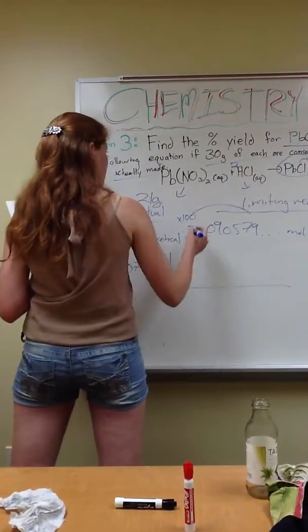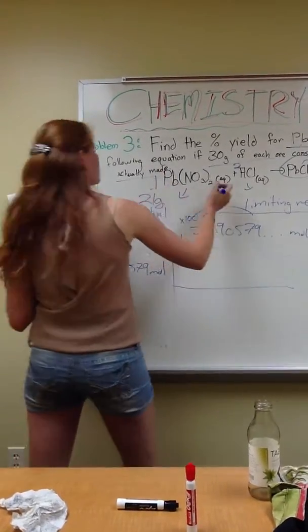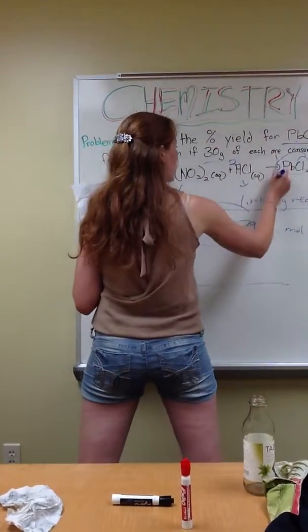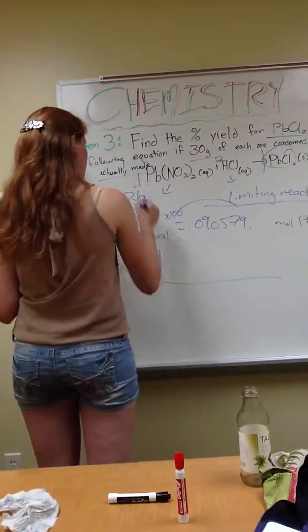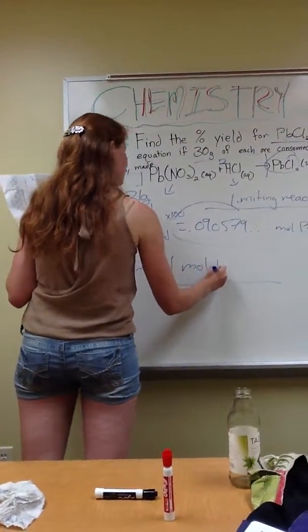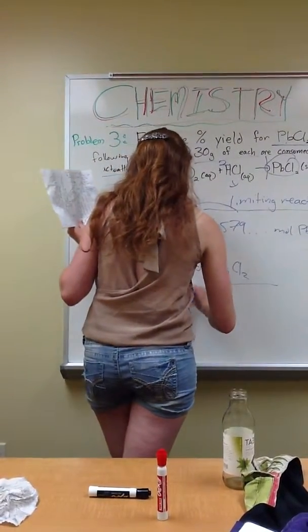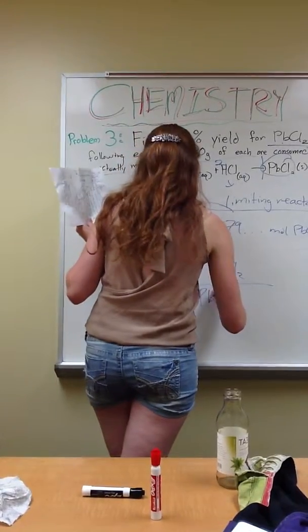So we know that, because there's no number here, we have one of these to every one of our product. So every one of these reactants, one of these, so just 1 mole of this over 1 mole of this.